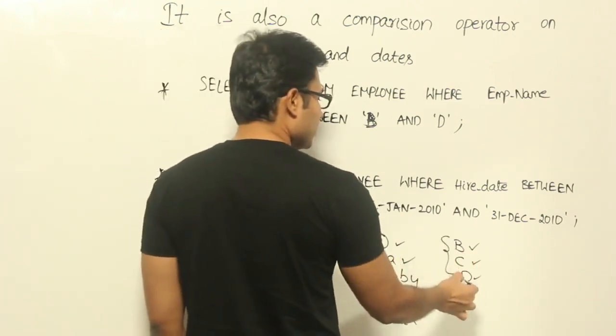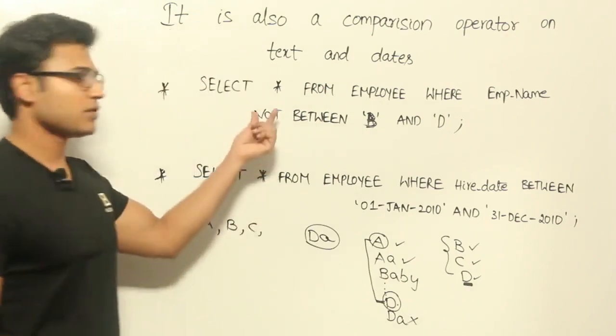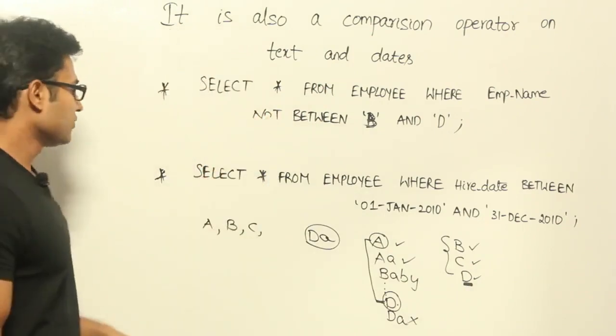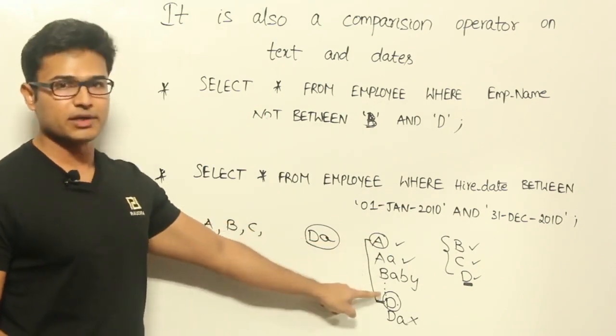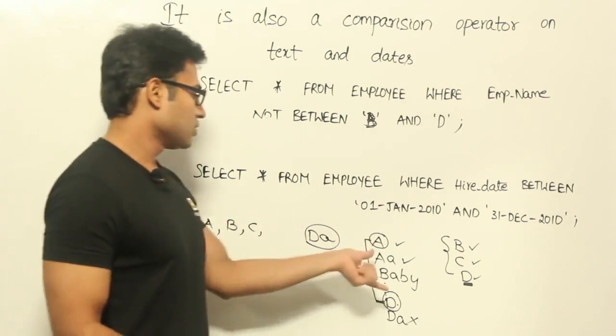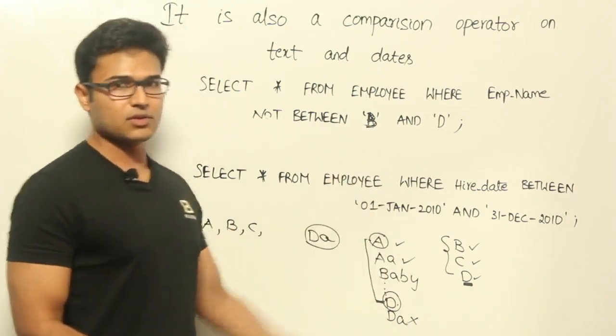Other than these three, everything will be displayed if I use NOT. Are you getting this? So BETWEEN means inclusive, we have even the boundary conditions included. NOT BETWEEN means you are not going to have these. Other than this, you are going to get everything.